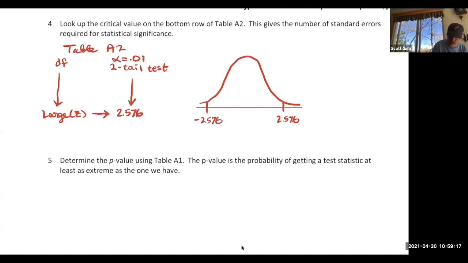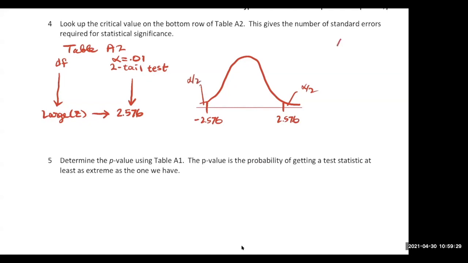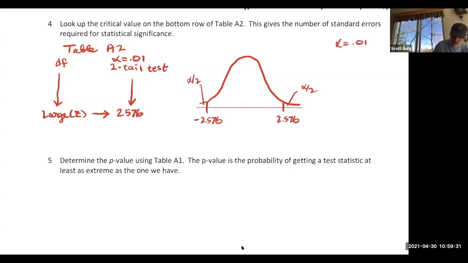What's the probability of going into either tail? Well, it's alpha over 2 plus alpha over 2, where alpha is 0.01. So there's only a 1% chance of going into one of those tails. And if it happens, it's statistically significant. Any questions?